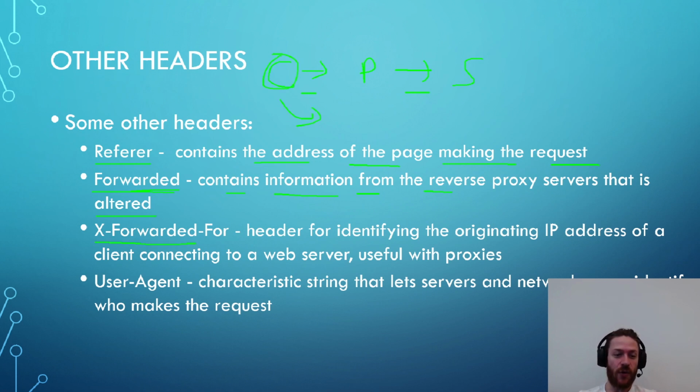And X-Forwarded-For is for identifying the original IP address, because otherwise the IP address of the request will be that of the proxy, and if we want to store the original IP address, we can use the X-Forwarded-For header. So there are a couple of forwarded headers which allow us to work with proxies, so that the proxies will transfer the data that the server may need.